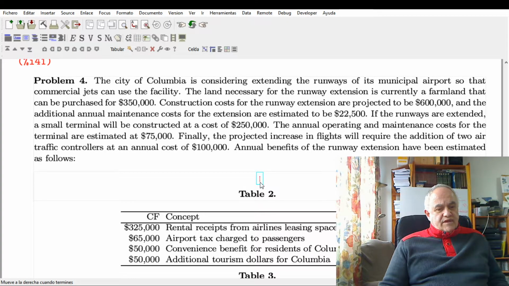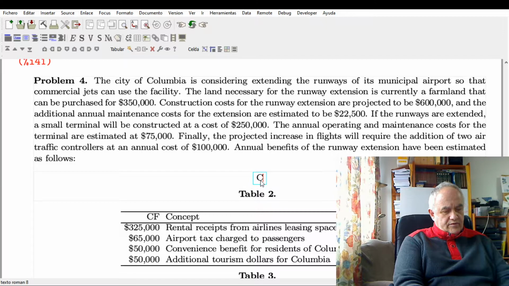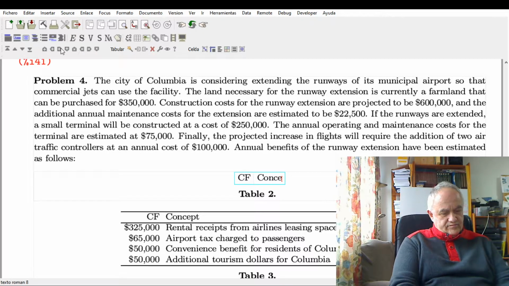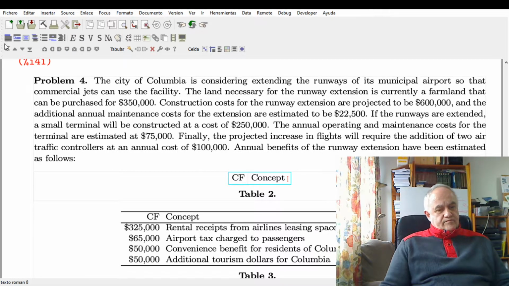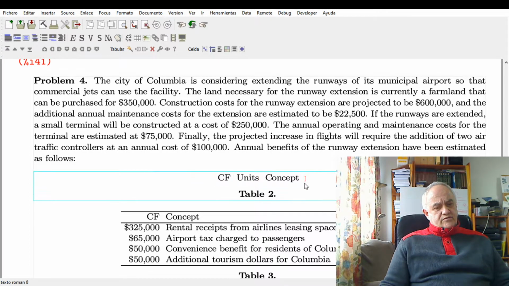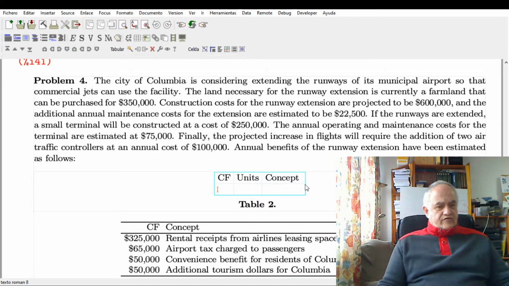We already have the table, so we will give the same order: cash flow, concept. We will introduce here, as it will be necessary, another one with units. Okay, so let's start collecting information.